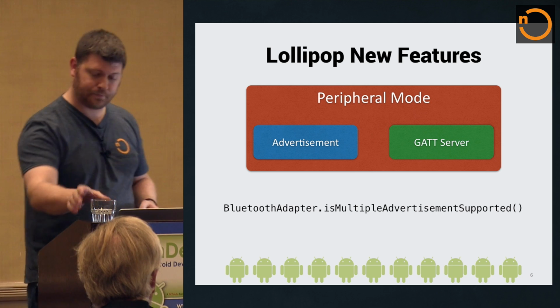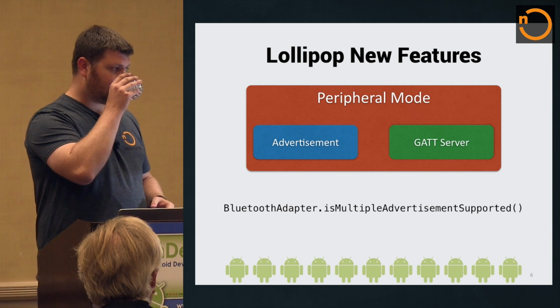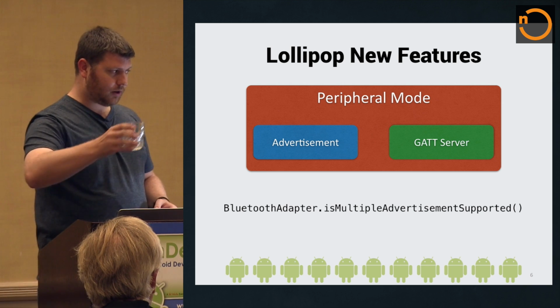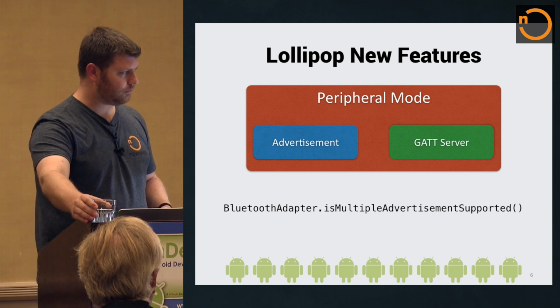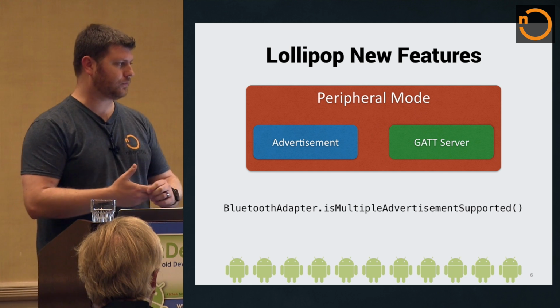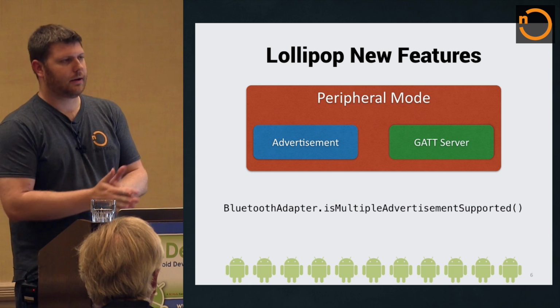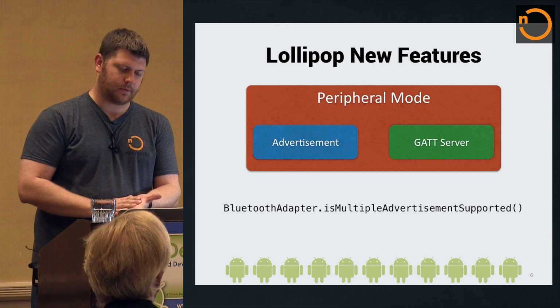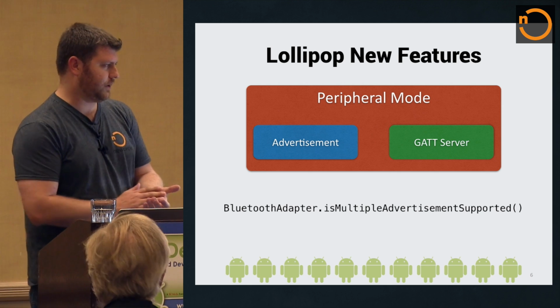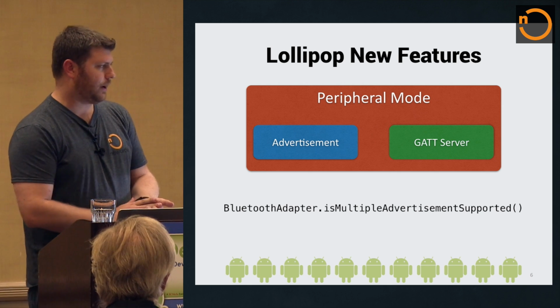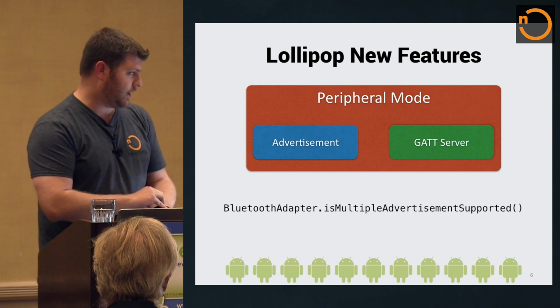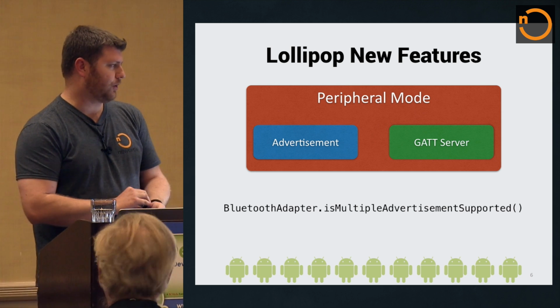Question: there was some discussion about whether it's actually the chipset that's the problem or the certification. I don't know. The way they've documented it anyway is that it has to be supported by the chipset.